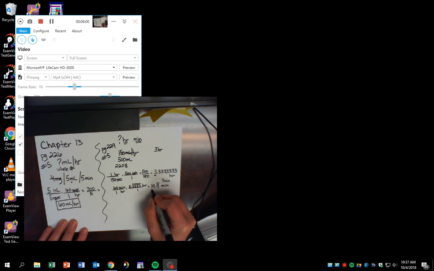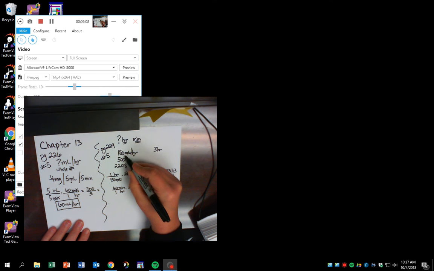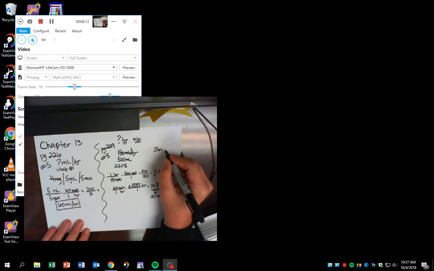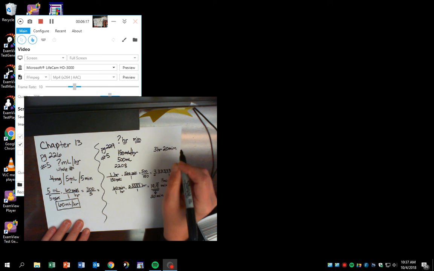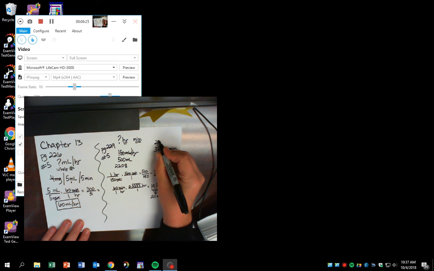So this is where we can round. This is going to round up to 20 minutes. So my infusion time for 150 milliliters per hour and 500 milliliters left is going to be infused in 3 hours and 20 minutes.